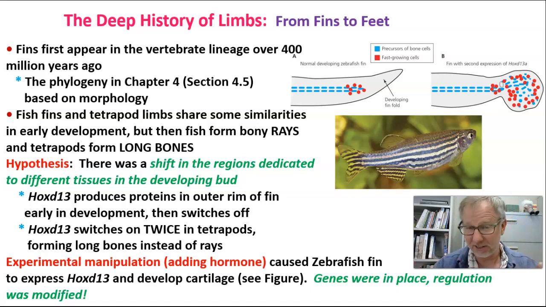So what this suggests then is that the genes were in place, the homology was there, and regulation was modified. Tweaking those regulatory genes was able to switch from making a fin with rays in it to a limb with long bones adapted to mobility and locomotion on land.